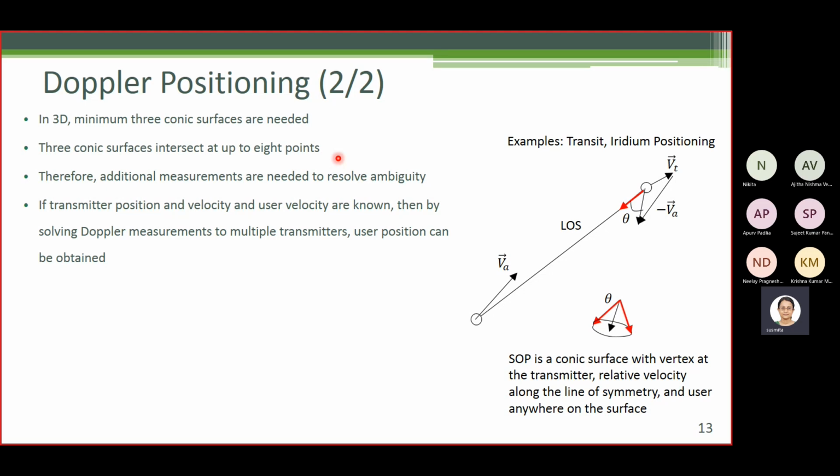So we can assume that transmitter position and velocity are known. User velocity needs to be found out from some other navigation system. If user velocity is not known, then we need more measurements, because they also have to be treated as unknown.